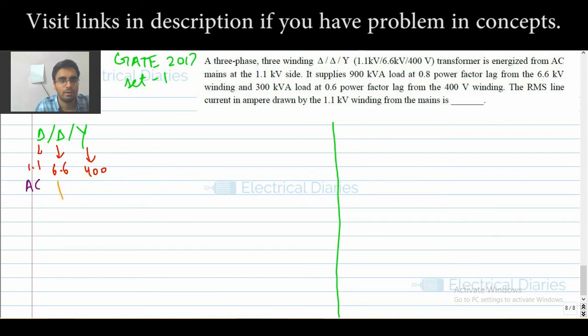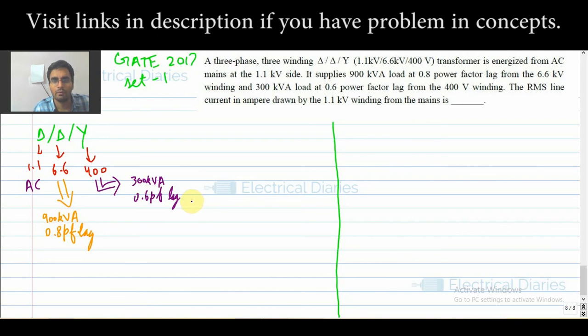And from the other winding, it is supplying a load of 300 kVA, 0.6 power factor lag. So this is the scenario given to me.